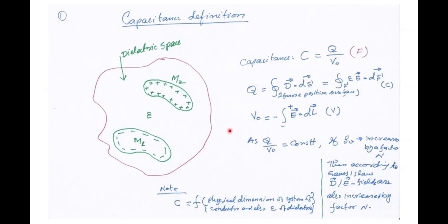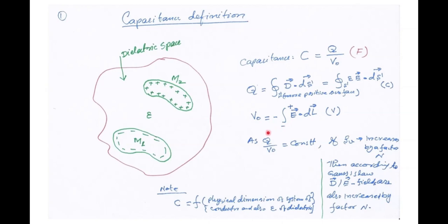Potential is basically the work to carry a unit positive charge from M1 to M2 against the field due to the charge residing on M2, which we can obtain using this relation.